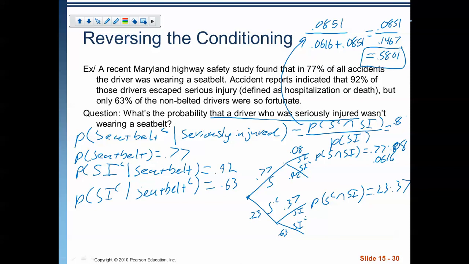0.0851 was what we got when we multiplied seatbelt complement times seriously injured.